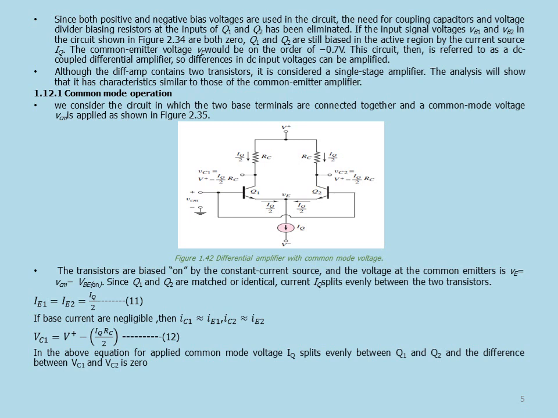Now the equation of VC1, the output at the collector, is V plus minus IQ RC by 2. When we apply KVL on the first transistor, we have VC1 equal to V plus minus IQ into RC by 2, which is shown in equation 12.